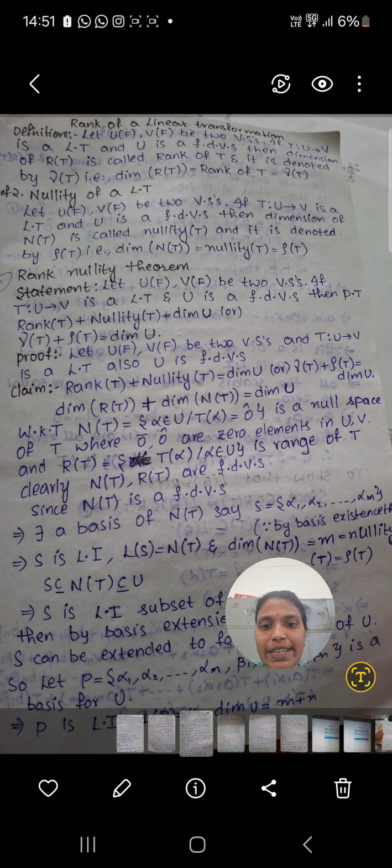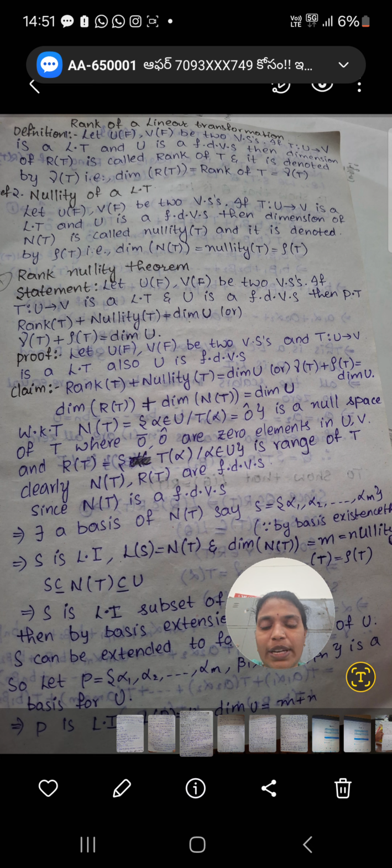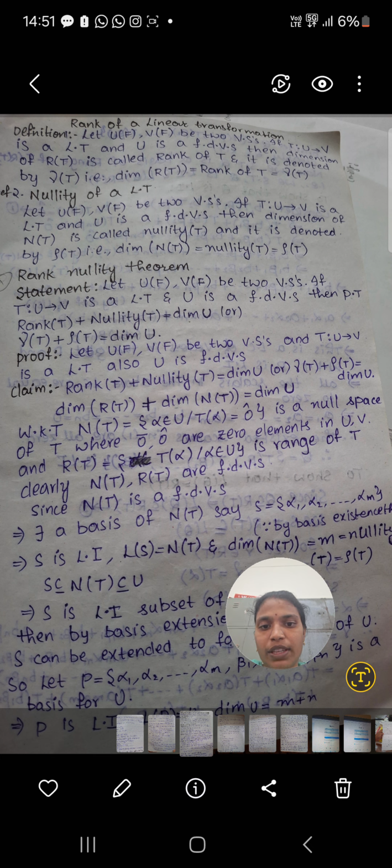S is linearly independent because it is a basis, and L of S is equal to N of T. The dimension of N of T is equal to m, which is the nullity, because S contains m number of elements.